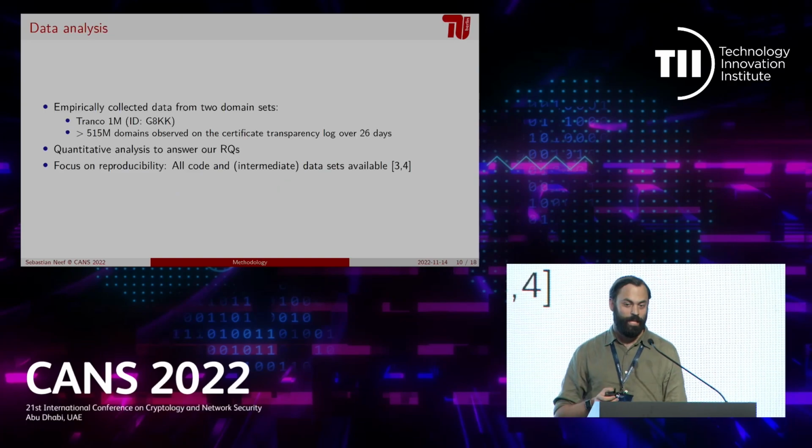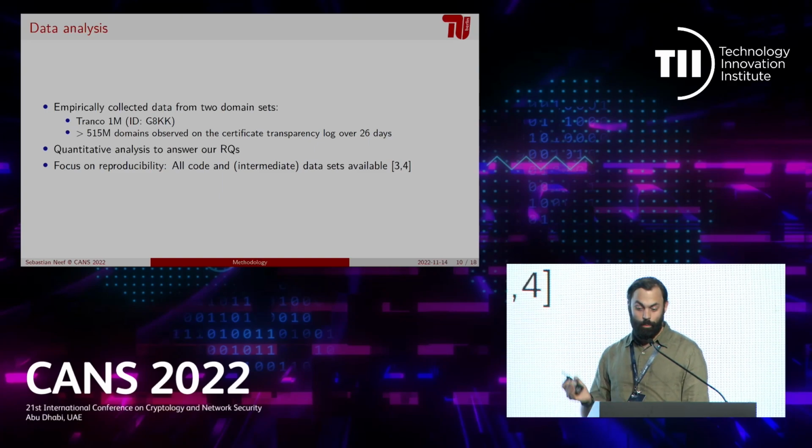So how did we analyze our data? We empirically collected the data from two domain sets. The first one was the Tranco 1 million list. However, we got extremely few results back from that, so we decided, okay, maybe we can have a larger data set by looking more into the internet.